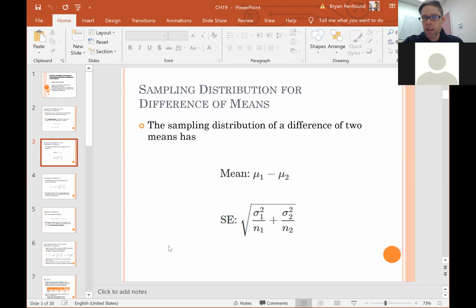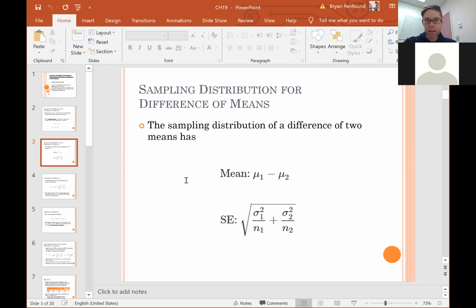Provided that we satisfy the conditions for the central limit theorem, we're going to have a roughly symmetric distribution that's going to look roughly normal as well. The mean of that sampling distribution is going to be the true target mean difference, mu1 minus mu2, from the two target subpopulations.